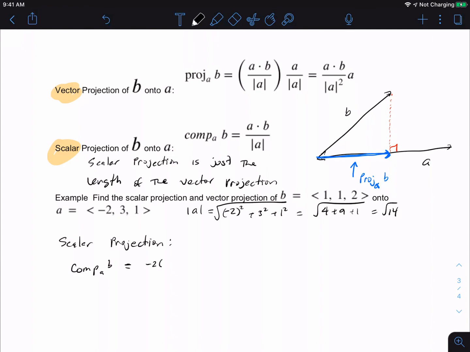So it's negative 2 times 1 plus 3 times 1 plus 1 times 2 all over the magnitude of the vector A. And that's a square root of 14. So we can see that this ends up being negative 2 plus 3 plus 2 over the square root of 14. Or that ends up being 3 over the square root of 14.